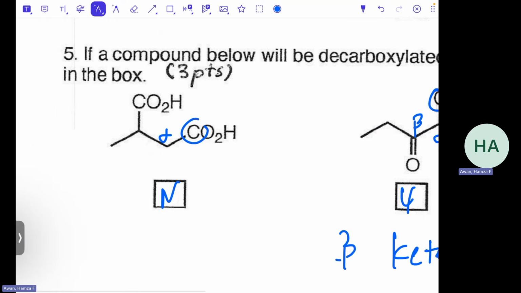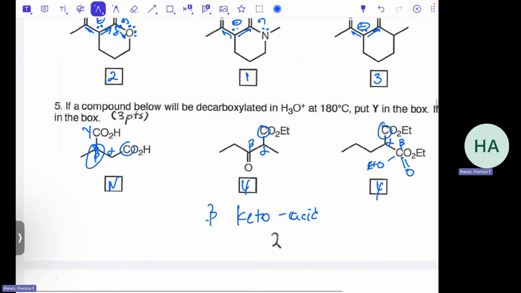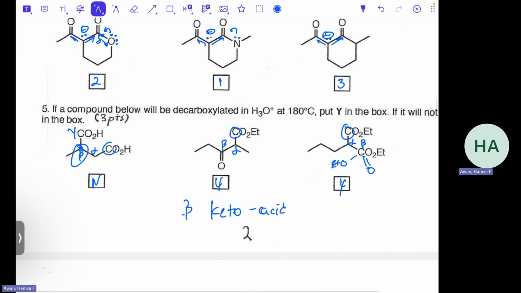At the alpha position we don't have anything, but we want it at the beta anyway. If we go to the beta, this carbon doesn't have any double bond O to it, right? But the third one, alpha, beta, and then gamma does. Because we're only looking at the beta position, this is going to be a no. Does that make sense? Any other questions on that one?